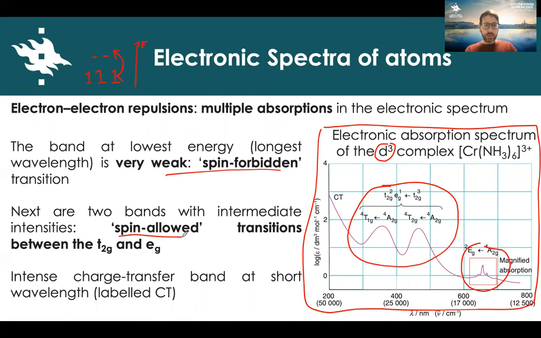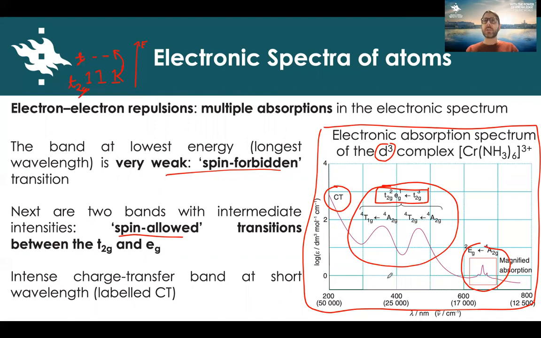These are called the spin allowed transitions, and these are transitions between the T2G and the EG level, right? As described here. And then here in this position of the spectrum, we have what we call charge transfer bands, which are very intense.